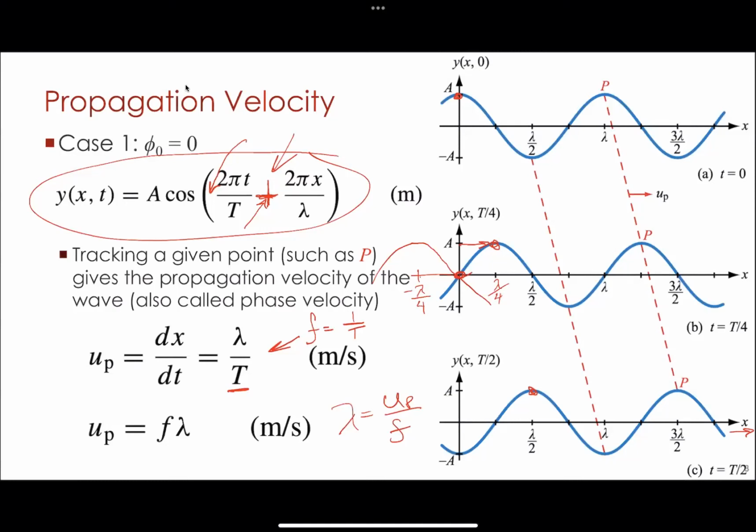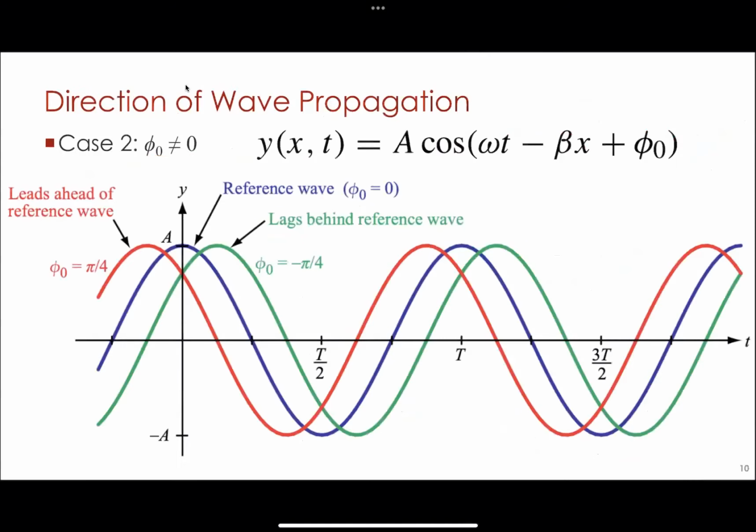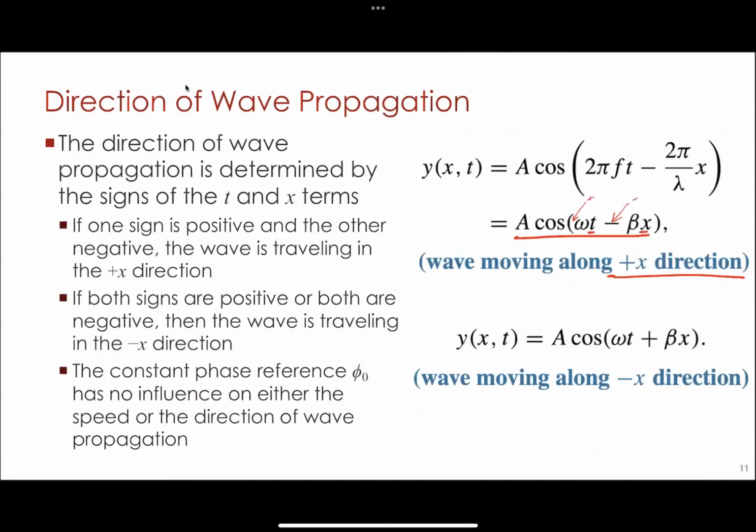If you see that, great. If you don't, I recommend you draw some of these things or plot it in MATLAB, and you'll be able to really see it. But basically, our rule of thumb is if the signs are different, like up here, it's moving in the plus x direction. If they are the same, there and there, in this case both positive, but they could be both negative, it's moving in the minus x direction.